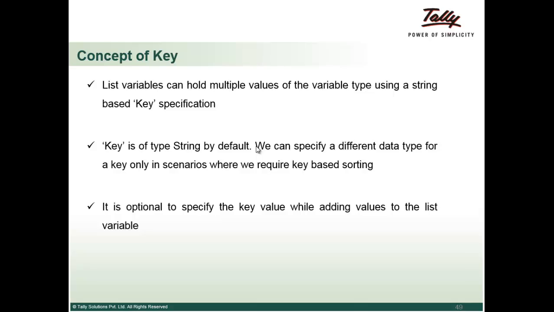So when we are adding 4 employee details, we can have 4 unique keys for the 4 employee details, so that when I am later accessing these values, or when I want to manipulate or change these values, I can access these employee details using my key. So we'll be seeing it later. In the next session, when we take up the manipulation part of list variable, we will see how we use a key and we will add the variables.